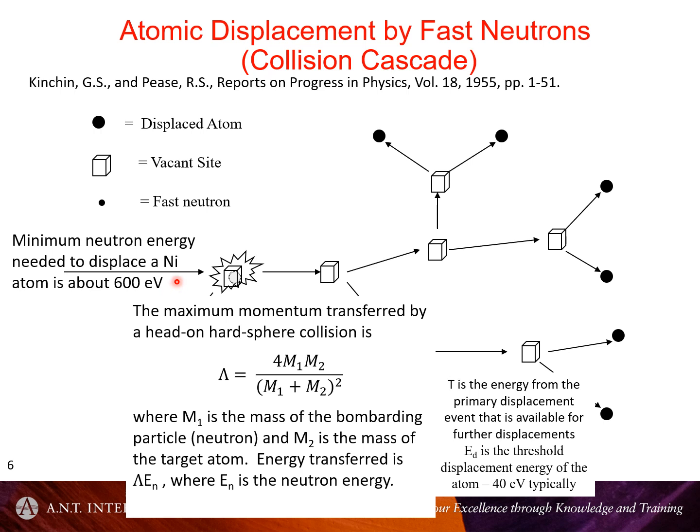And that only occurs for those few collisions where there's a direct collision. In the case of zirconium, because zirconium is a very much heavier element, the energy of the neutron needed to displace just 1 zirconium atom, the minimum energy, is 900 eV.